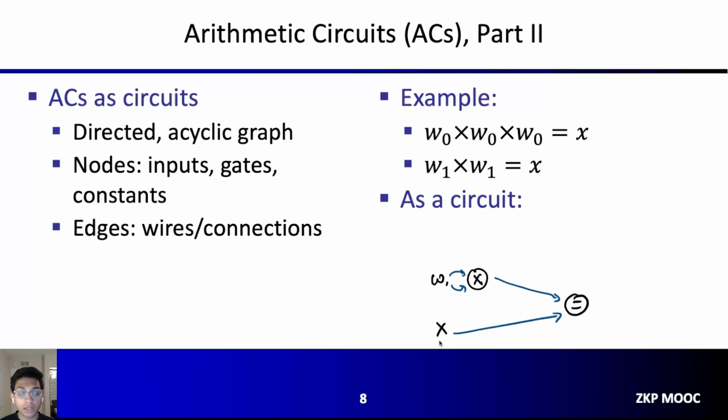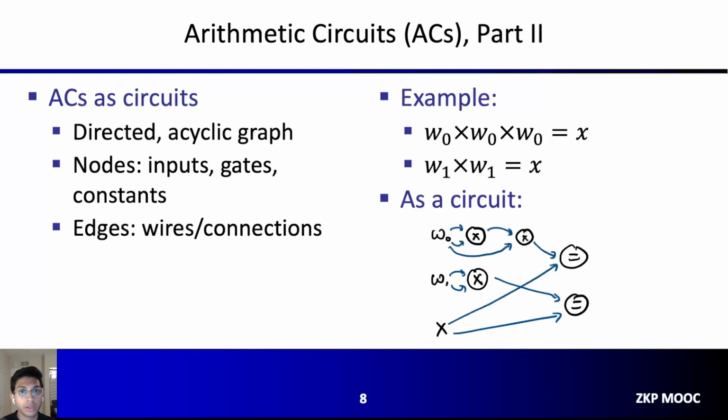Similarly, we'll feed X, the public input, as an input to the equality gate also. And here, all of these arrows correspond to the wires of the DAG. So this is a sub-circuit which corresponds to the second equation.